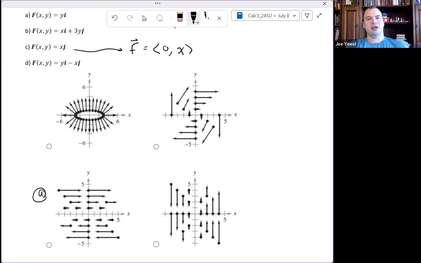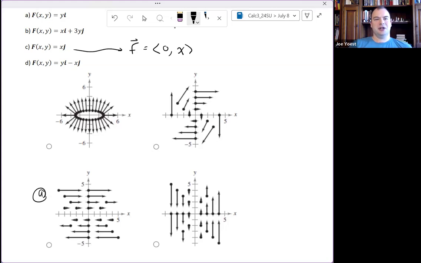So be a little bit careful here. x and y are, in a sense, playing two roles. They're playing the scalar x and y roles as the inputs, the location of the anchor point for the vector. And x and y are also playing a behind-the-scenes role as the horizontal and vertical components, in a sense.